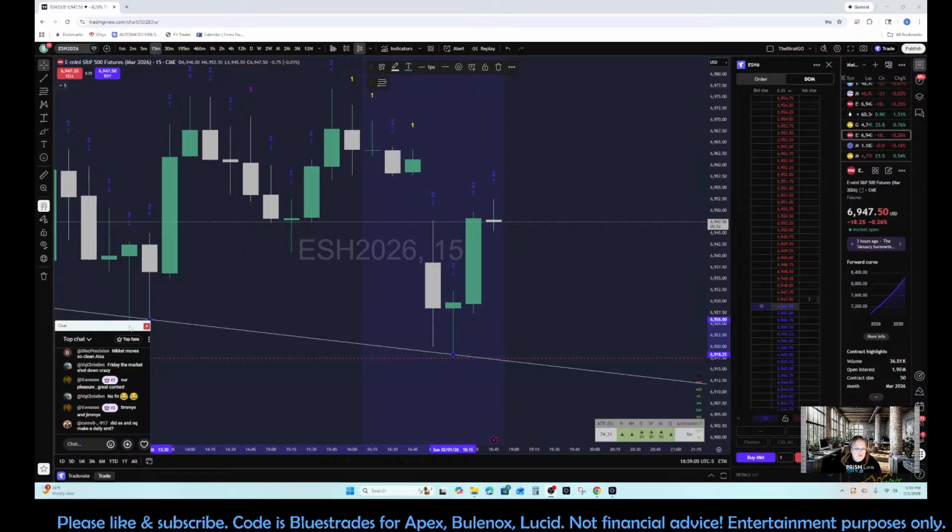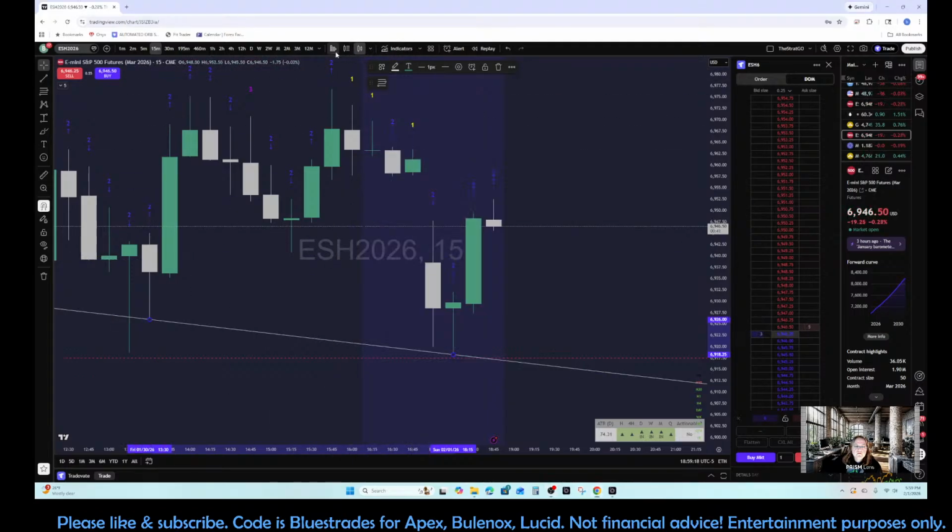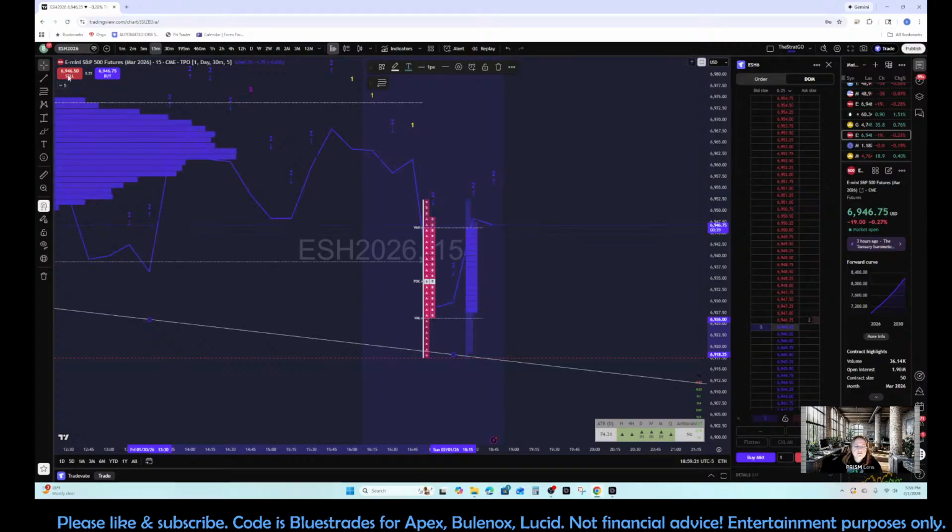I did look at order flow, which I can tell you pretty much where the order flow was anyway on this chart, and it's all concentrated here. Hide the strat.